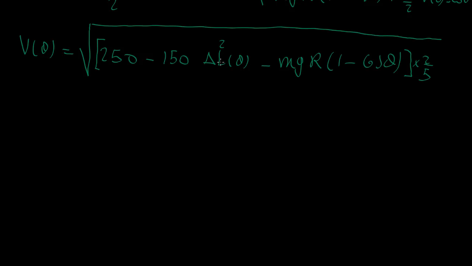We get an equation for theta, and that theta gives us theta max, the maximum height that the slider would go. So if v theta is equal to 0, then theta would be equal to theta max.